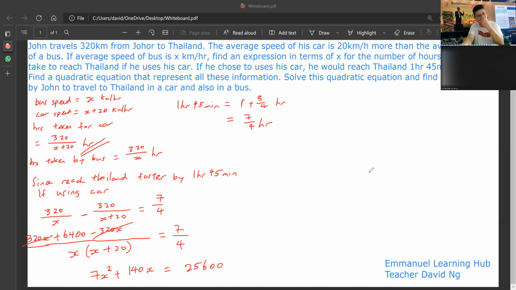That's how I get this. Then after that, everything divided by 7. This one you can't really divide by 7, never mind, I'll still stick to 7x squared.